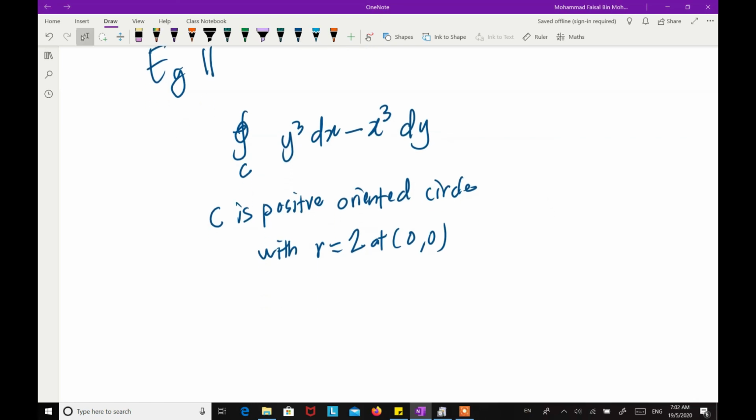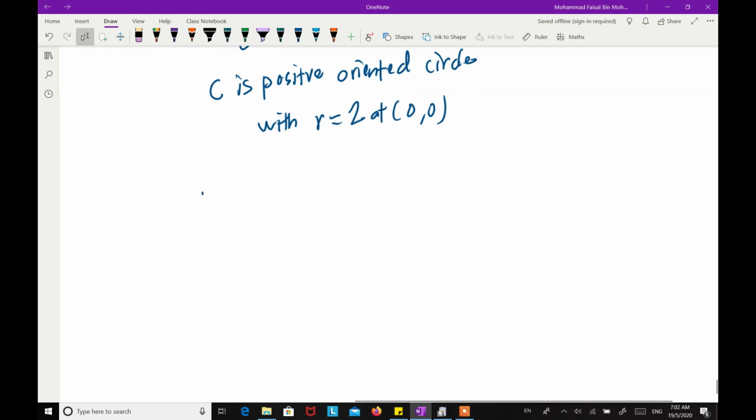So first you have to sketch. Remember, solution, sketch. So you have a circle with radius 2.